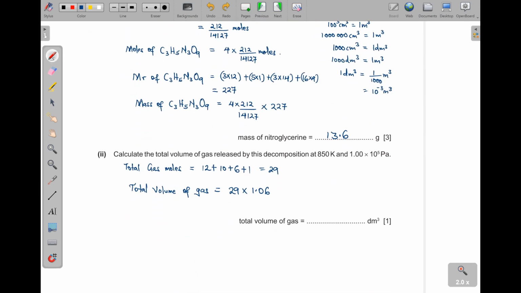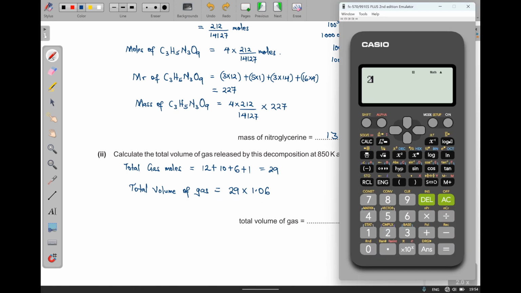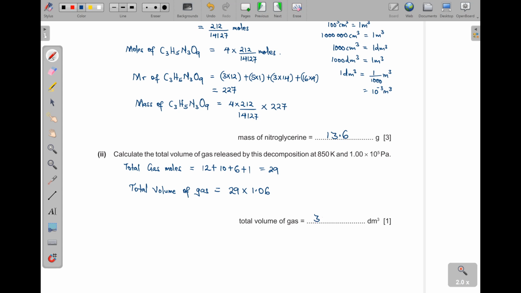So all of these are under the same conditions, so we just say 29 times this one here. So what do we get? 29 times 1.06 gives us 30.74.